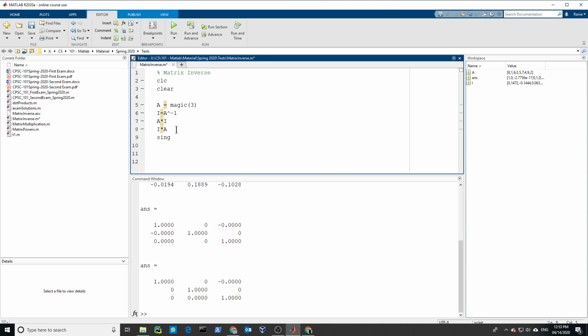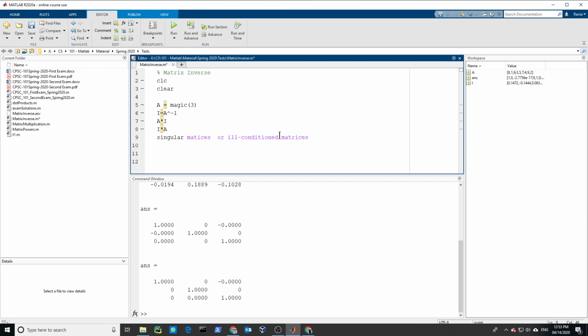We call them singular matrices, or sometimes we call them ill-conditioned matrices.